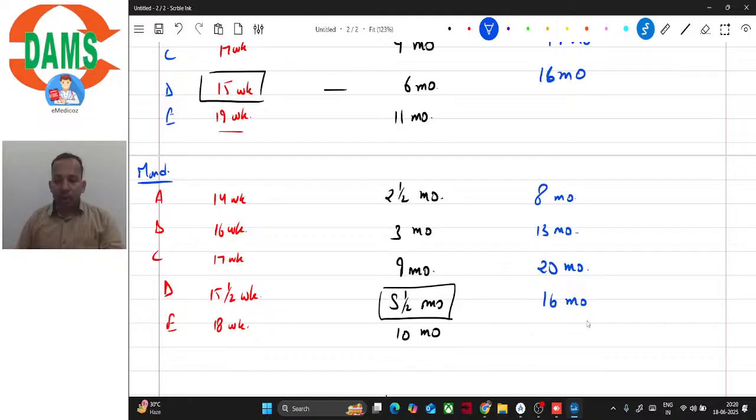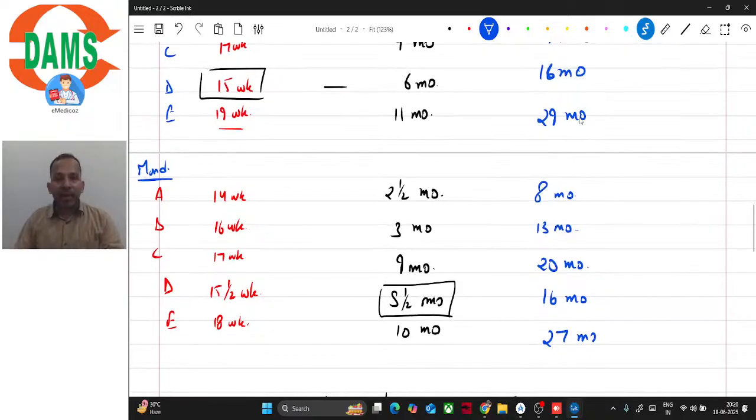Now the second molars. The mandibular molar erupts ahead of maxillary molar. So the last tooth to erupt would be maxillary second molar, and the first tooth to erupt would be mandibular central incisor, isn't it?